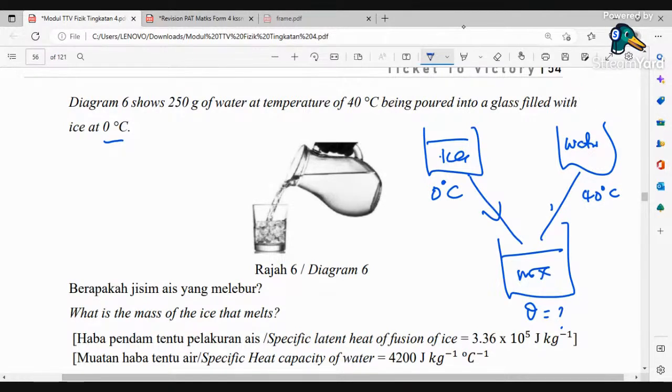Okay, heat released by water equals heat absorbed by ice. So we have heat by water, heat absorbed by ice. So mcθ, with θ the change to the final temperature, equals mL, the latent heat of fusion.